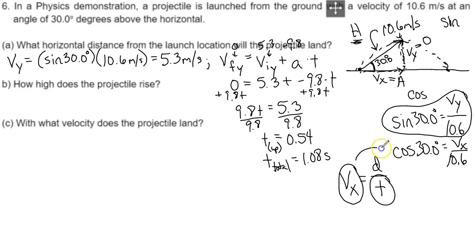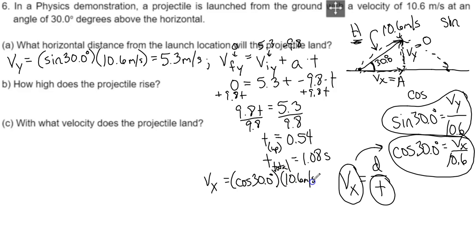For our velocity in the x direction, we're going to use our cosine function. So our velocity in the x direction is equal to the cosine of 30.0 degrees times 10.6 meters per second. That gives us a horizontal velocity of 9.18 meters per second.